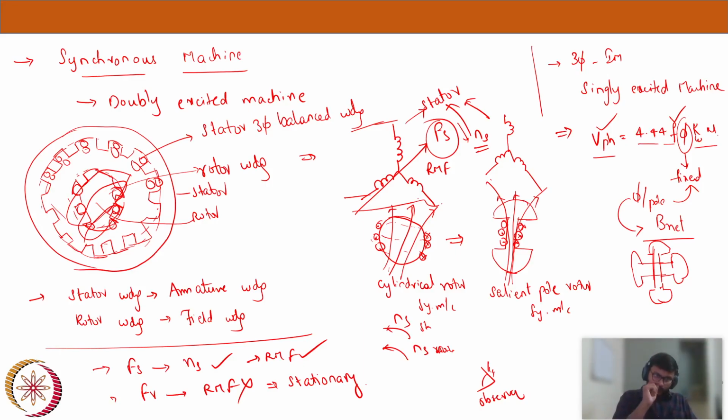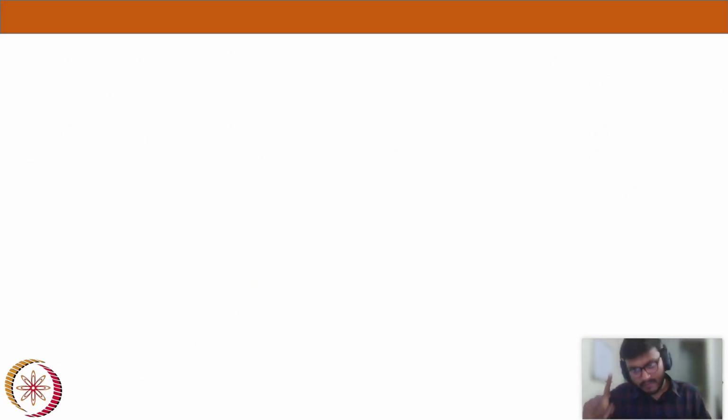Now, looking at all the conditions which I have discussed for the synchronous machine, what can we conclude? Let's say I have a synchronous machine. I have given an AC supply to the stator and a DC supply to my rotor, and I want to run it as a motor. Will it run? No. So another conclusion, the same way we developed conclusions for the induction machine.